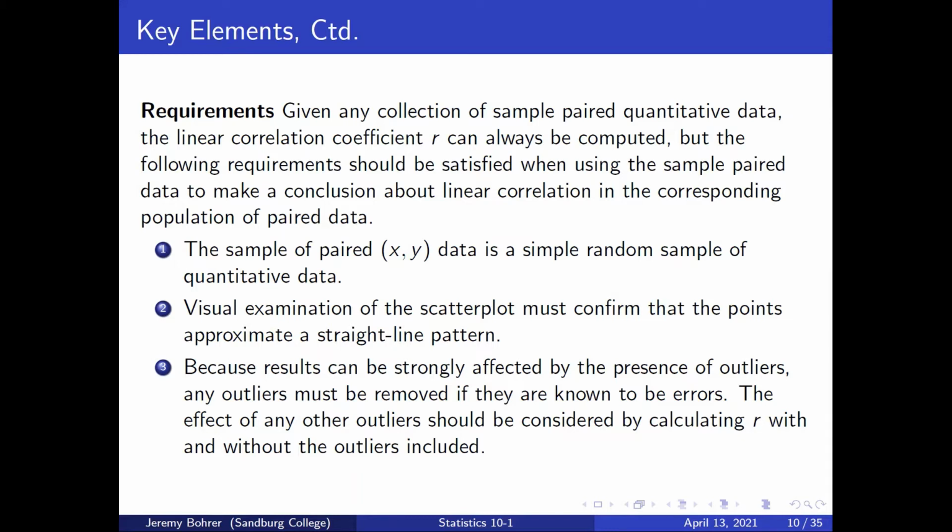Second, the visual examination of the scatter plot must confirm that the points approximate a straight line pattern. And third, because results can be strongly affected by the presence of outliers, any outliers must be removed if they are known to be errors. The effect of any other outlier should be considered by calculating R with and without the outliers included.